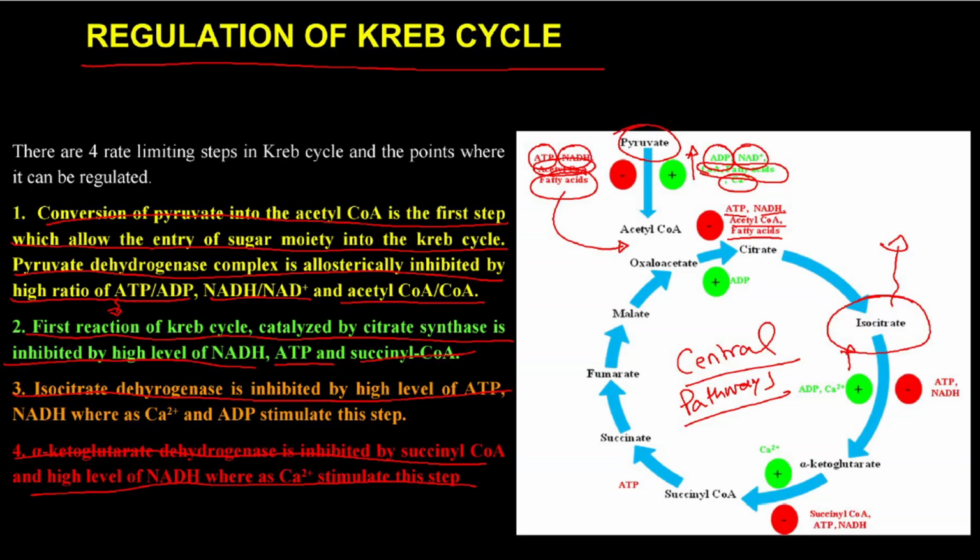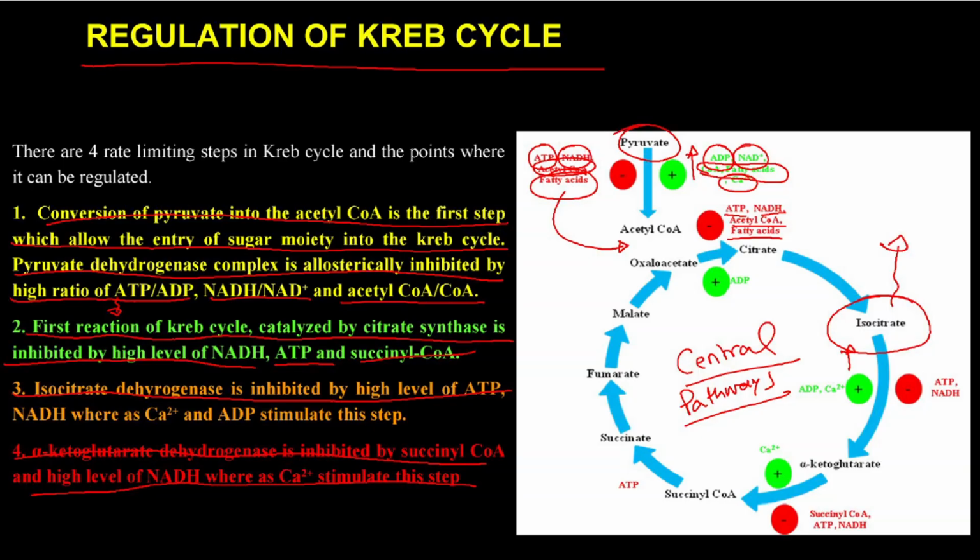When we have ample energy present inside the cell, then we have a high ratio of ATP to ADP. That means when we take the amount of ATP divided by the amount of ADP, and this ratio is high, that means the amount of ATP is high, and that high amount of ATP allosterically inhibits the pyruvate dehydrogenase complex.